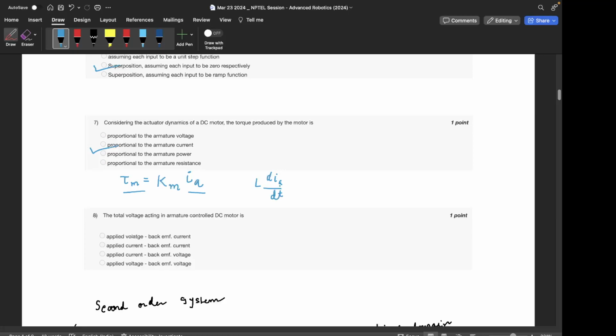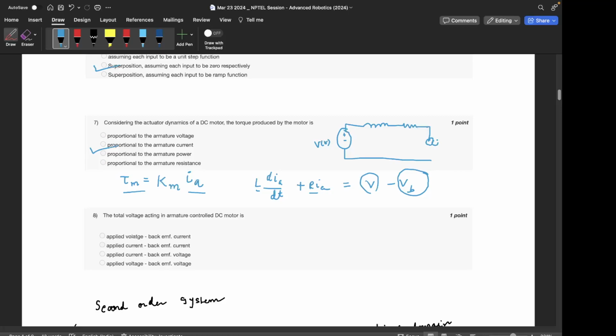This is the motor inductance, and this you would remember from the lectures. This is the applied voltage, this is the back EMF of the motor, this is the resistance, and this is the inductance. So this is a voltage balance of this circuit, in which there is a source, then there is inductance, then a resistor, right?